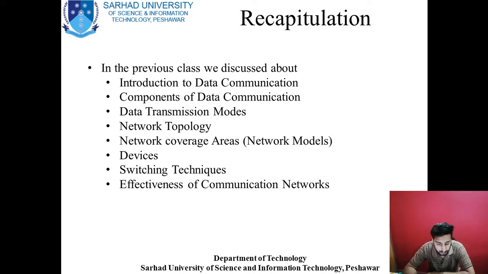In the last part of the previous lecture, we discussed different performance metrics used to judge a communication network. If you want to check the effectiveness of a network, there are several parameters that you can check.